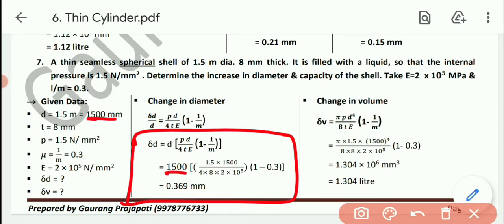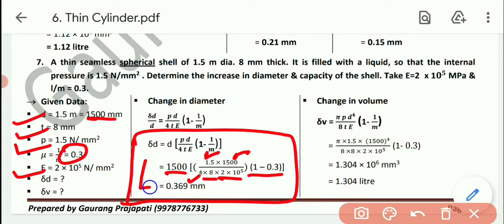Now in the bracket P stands for 1.5, then diameter again, that is 1500 divided by 4, thickness that is 8 mm, and E, that is 2 into 10 raised to 5. Okay, whole multiply by 1 minus 1 upon m, that is mu 0.3. Okay, so ultimately by solving this term we will get the value of delta D, that is 0.369 mm.